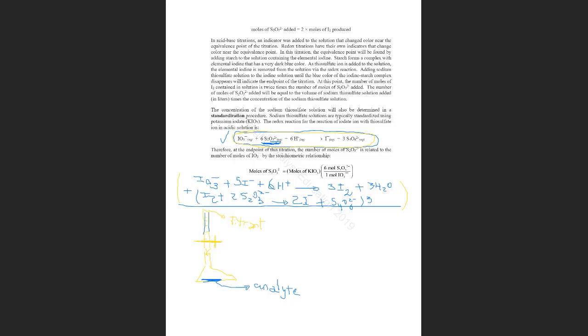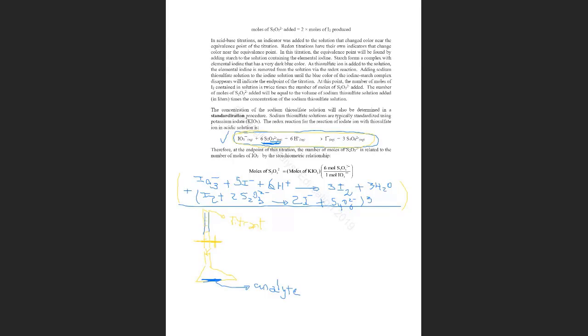So watch all the videos and take notes. For example, when you are adding a titrant, you have your analyte, and this is blue, the dark blue color of the starch, and you are adding your titrant.